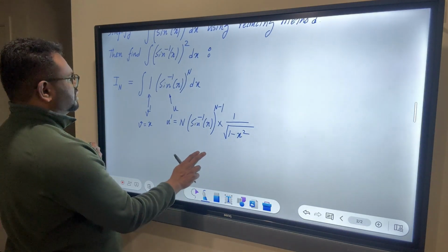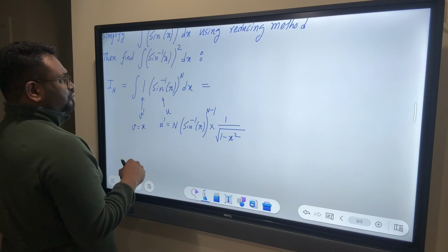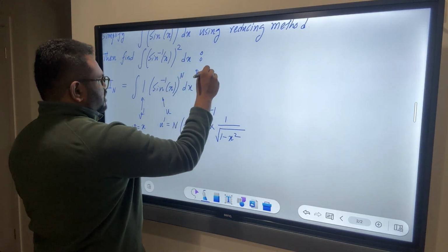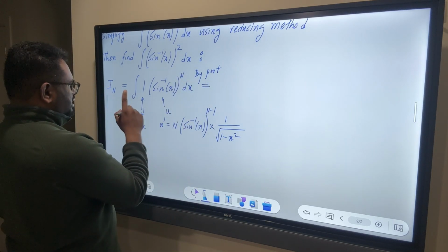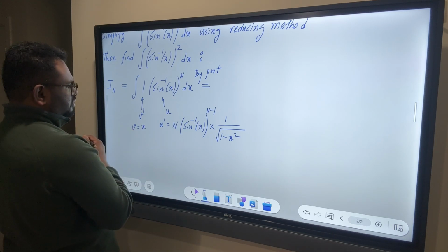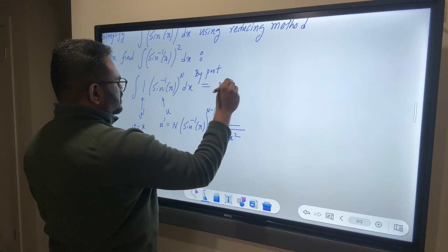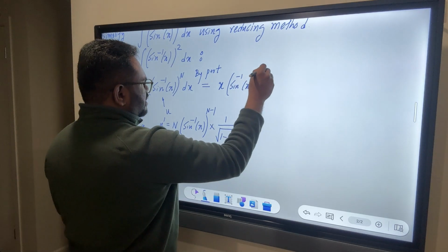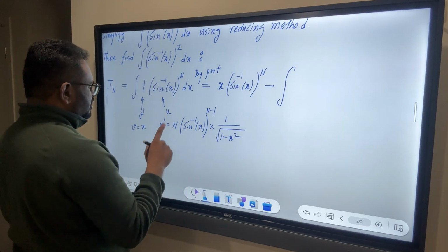Okay. So now this is equal to, if you use integration by parts, it's going to be uv. So u is going to be this, and v is going to be that. So that would be x times (sine inverse x) to the power n, minus the integral of v u prime.